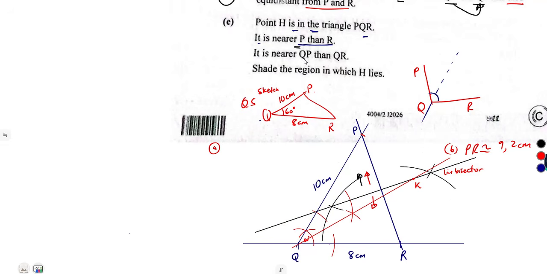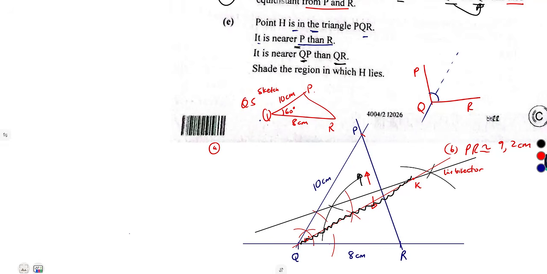It is nearer QP than QR from the angle bisector. From this angle bisector, what is closer to QP, nearer QP, is affected by this line of the angle bisector.